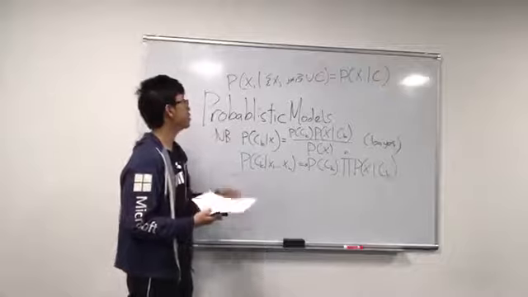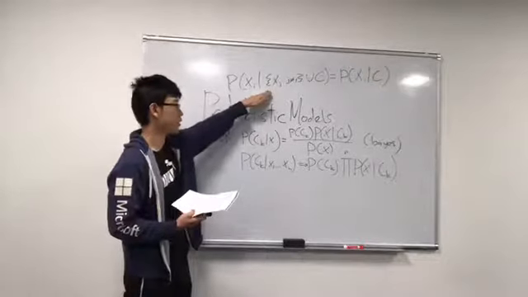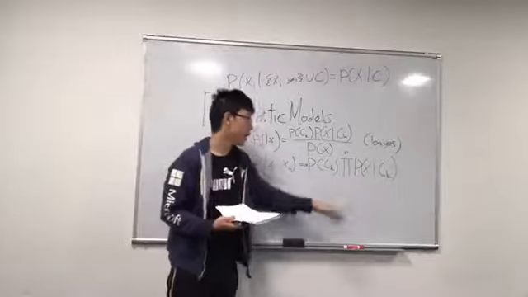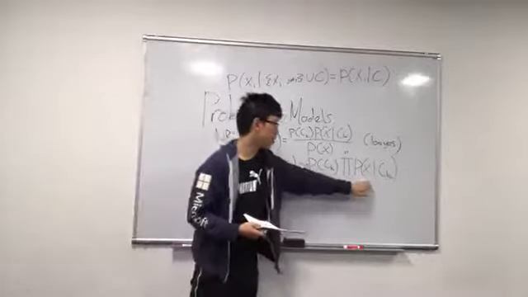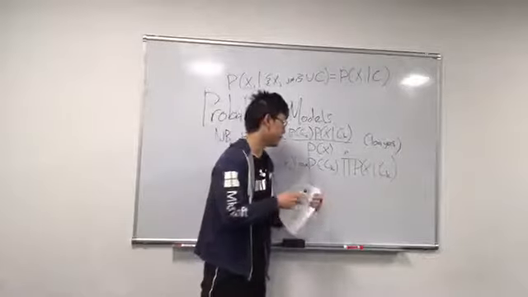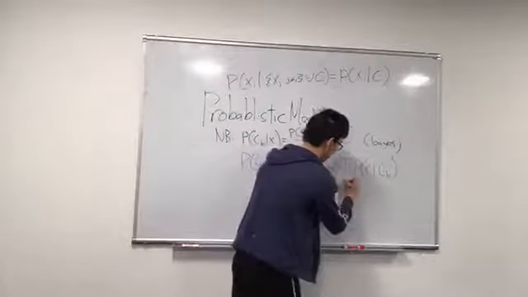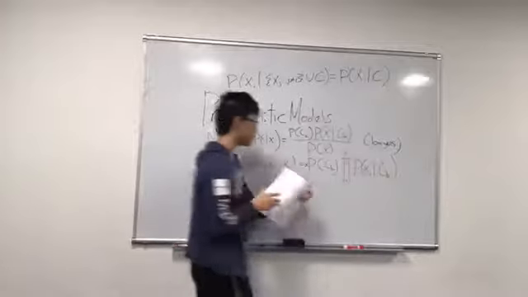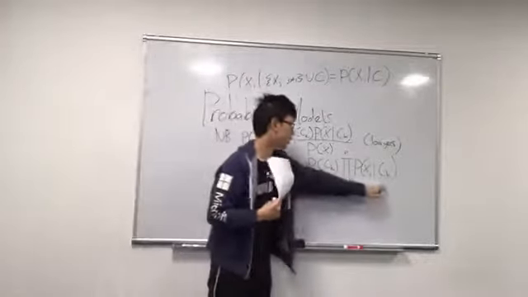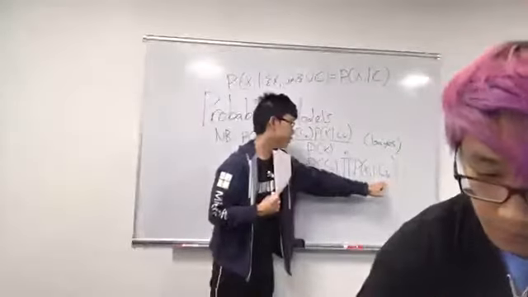And since you have this naive Bayes assumption, you can cleanly decompose it into just a series of products. And your product terms should just be the probability of predicting a given feature on the class. And importantly, unlike the full model, we do not need to condition on other features.